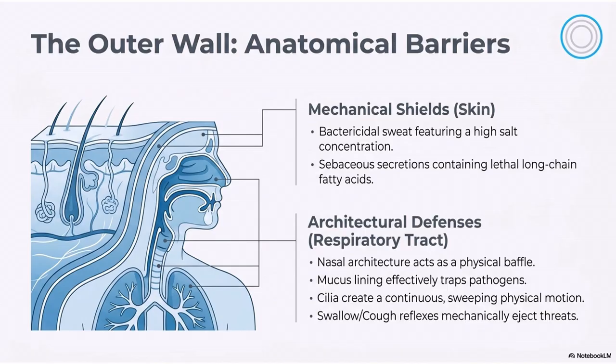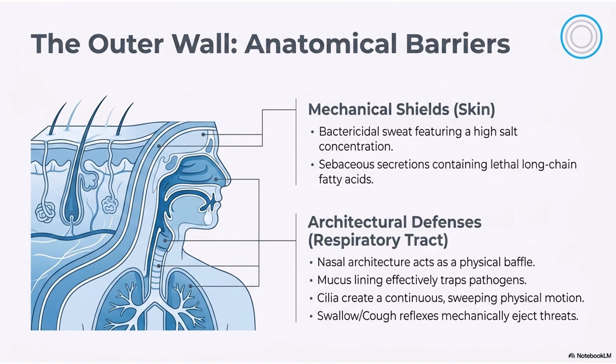So you look at the various anatomical barriers. You have the skin, which I told you earlier, is the largest organ in the body preventing infection. Plus, it has the ability to produce sweat, which has a high salt concentration, which will kill most of the organisms. There are also some sebaceous secretions, whose lipid content will not allow the pathogen to enter inside the body.